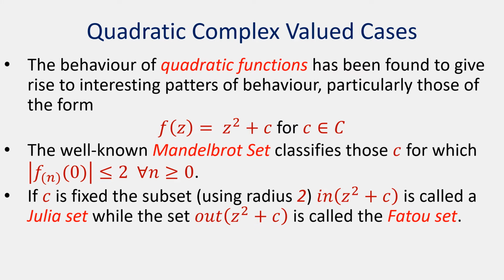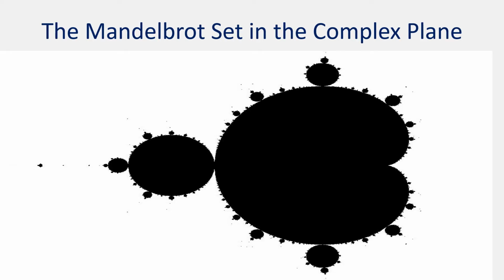If we fix C, fix this constant, again using a radius 2, then the set of complex numbers that we can set as a parameter, which result in the function never exceeding the value 2, the set inside, this is called a Julia set. And the other complex numbers, which take us outside, this is referred to as a Fatou set. So here's the outcome of plotting the Mandelbrot set in the complex plane.